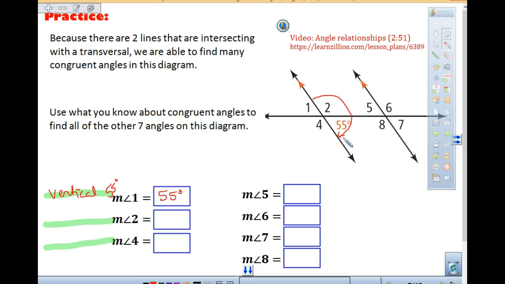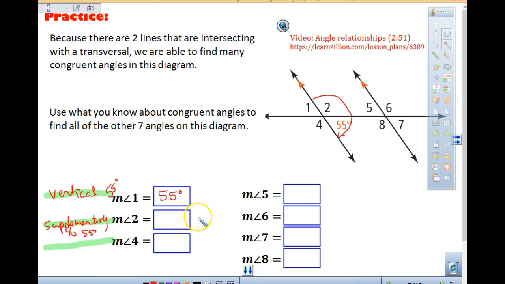Look on the first page of this unit's notes, there's two words: complements and supplements. Makes them supplementary. So we're going to put out here supplementary to 55 degrees, right?